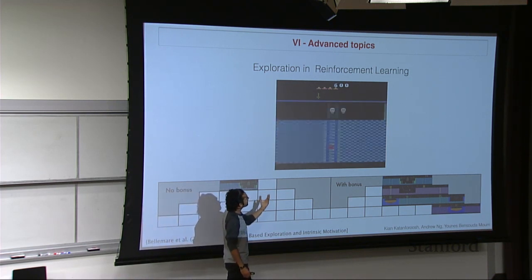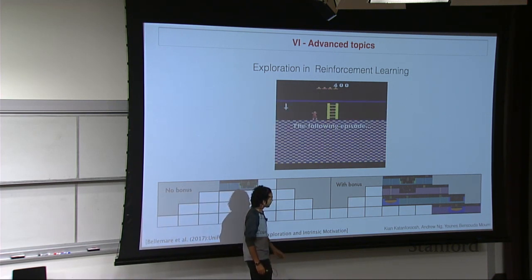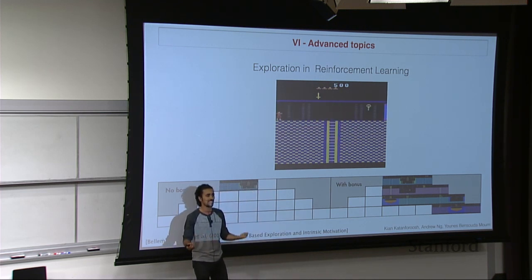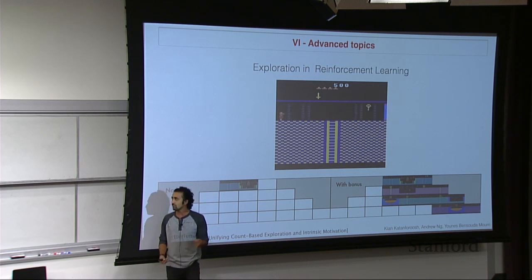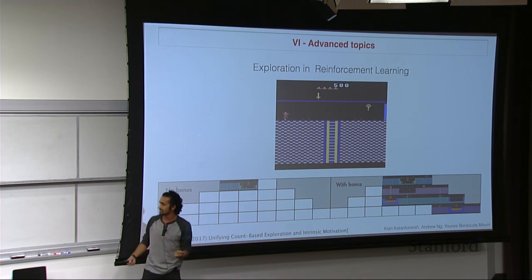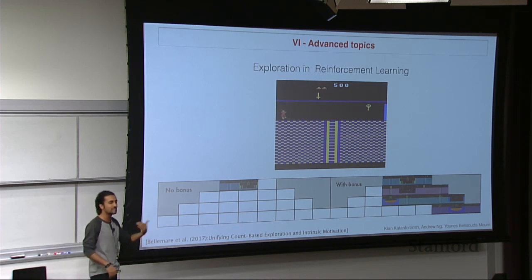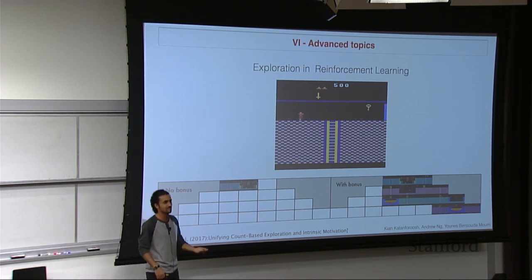A very interesting trick here is that you keep a count of how many times you visited a state. If you visit a state that has fewer counts, then you give a reward to the agent. We call it the intrinsic reward.